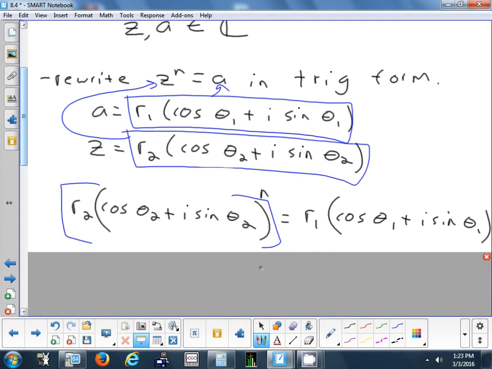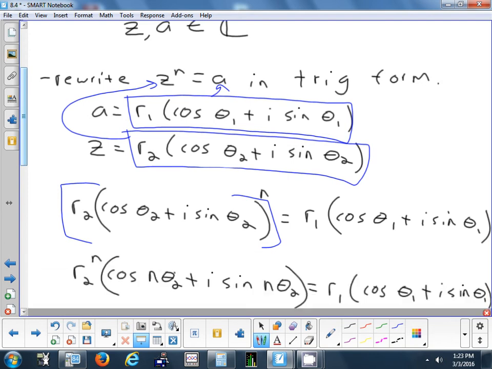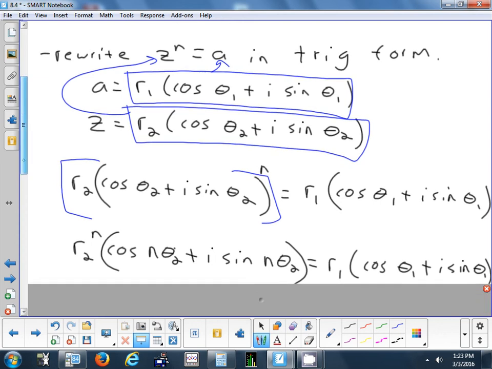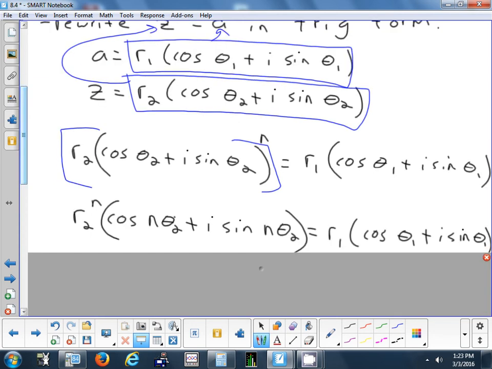Yep. And what about my angle? Multiplied by the power, yes, cosine n theta 2. So the right-hand side is staying the same. On the left-hand side, we raise the radius to the power, and we multiply the angle by the power. This is pretty much how the left-hand side is going to look. It's not going to have any numbers there.